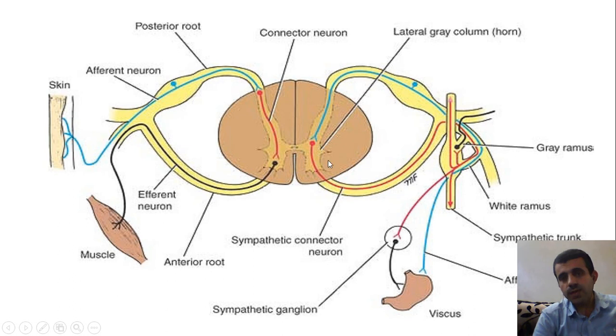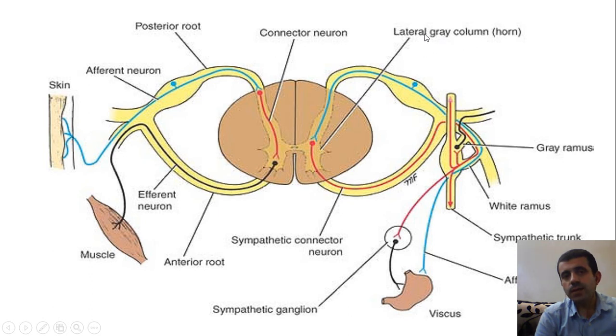So this is the afferent nerves. The afferent nerves here come, for example, from the stomach and go to the spinal cord, to the lateral gray column.